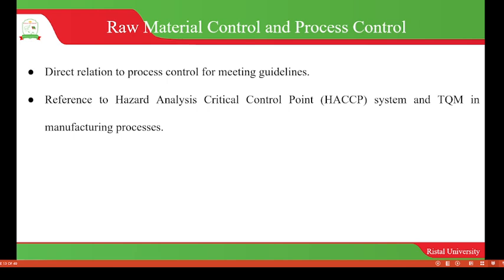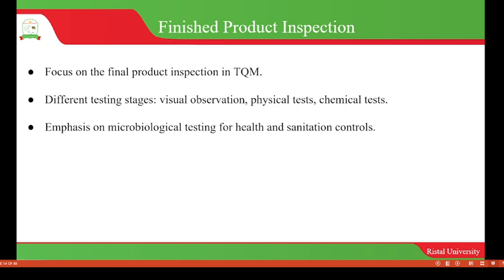Then this raw material control and process control is discussed more under hazard analysis and critical control point system, and also in total quality management in manufacturing practices. So this we are going to meet in future. So for now we can leave that there.